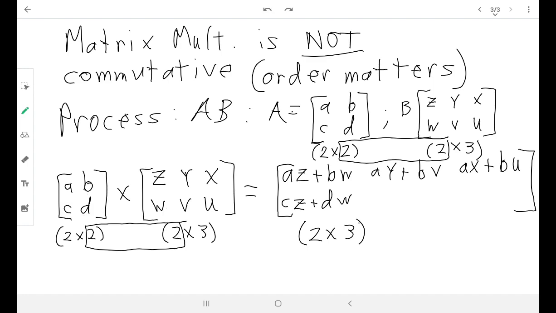And then for element 2, 2, second row, second column. So C times Y plus D times V. And then for element 2, 3, it's second row, third column. So C times X plus D times U.